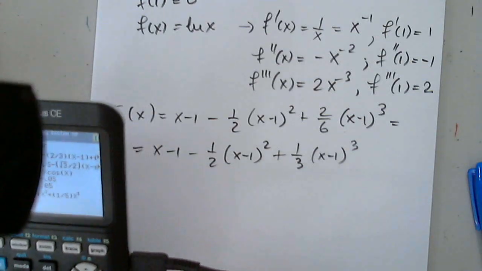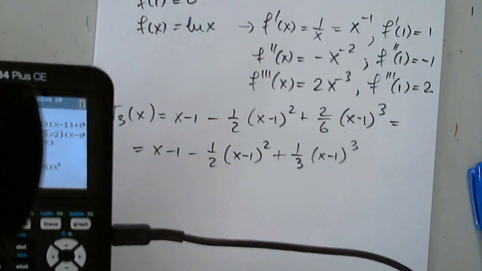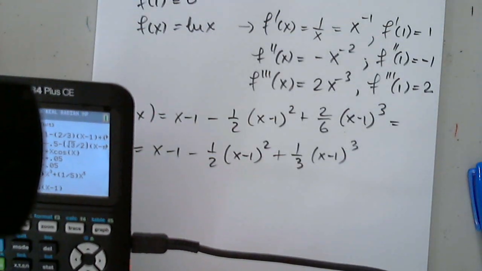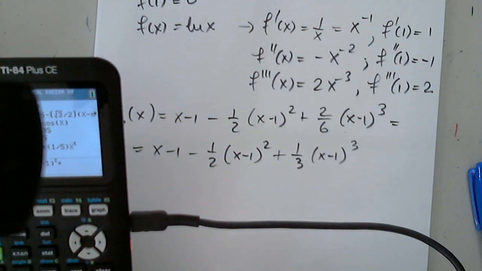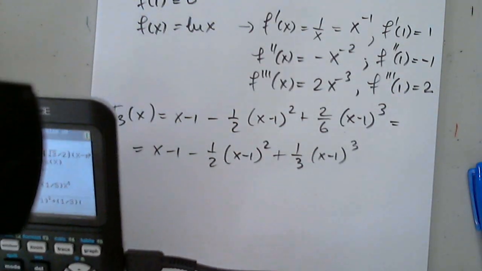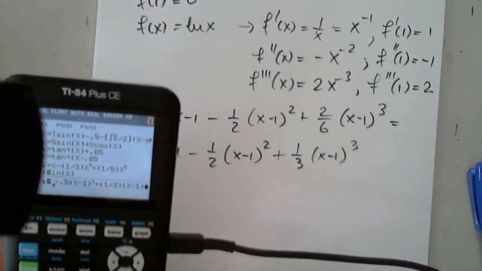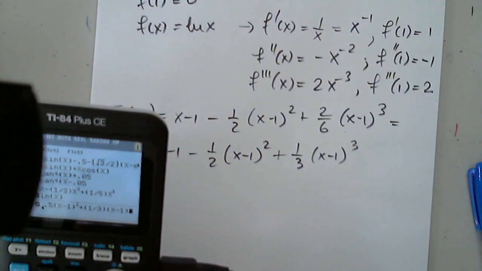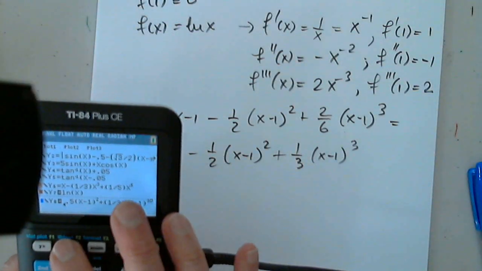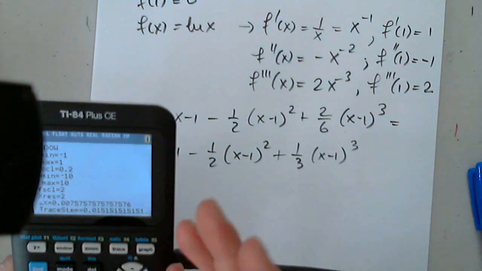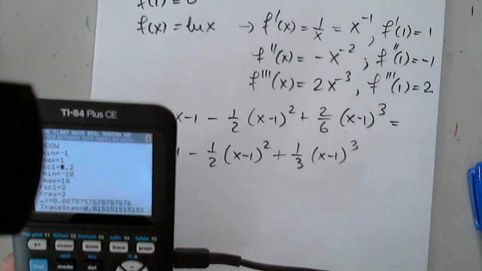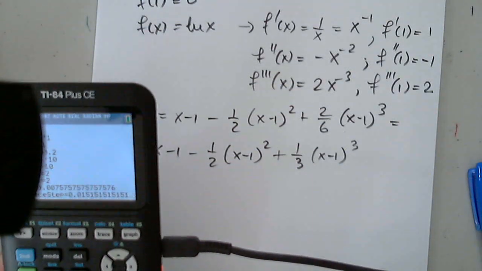So x minus 1 and minus 0.5, I will open the parenthesis x minus 1 squared, and then plus, in parentheses, 1/3, and open again x minus 1 to the third power. Okay, so I'm going to use a viewing window, actually, we can expand that.